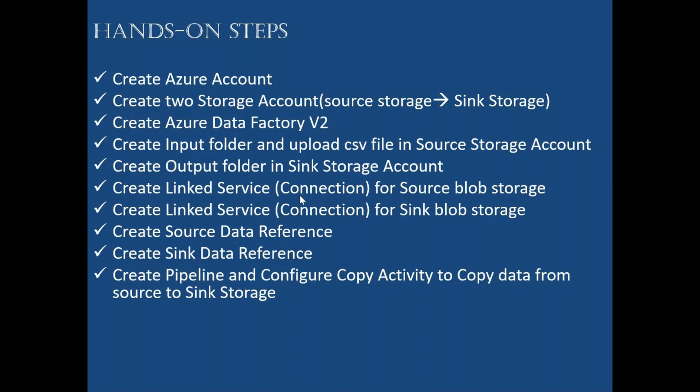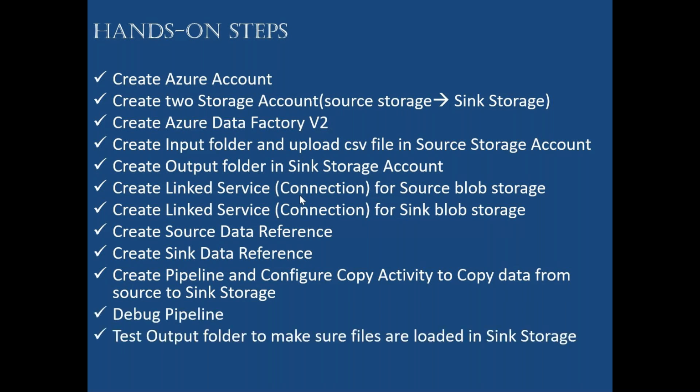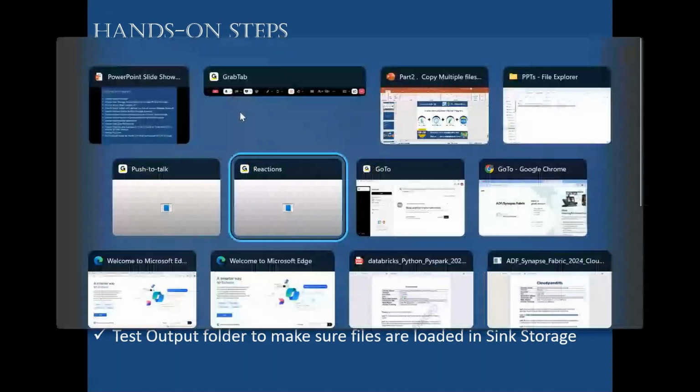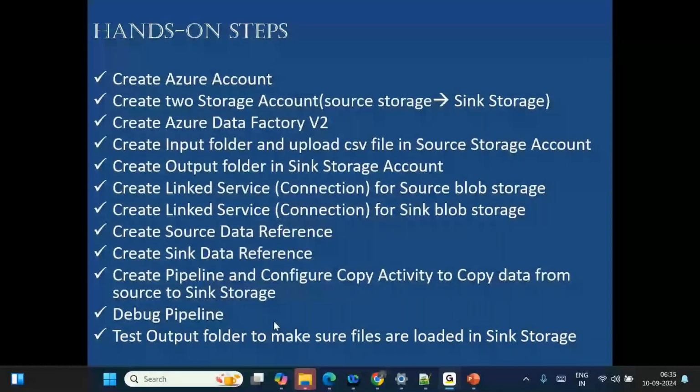Within the pipeline, you have to use the copy activity. Then you can debug and test the output folder to make sure the expected files are loaded into the sink storage. Okay, so let's start with the first step, which is creating an Azure account. I am starting with this. Anybody have any doubts before I start?